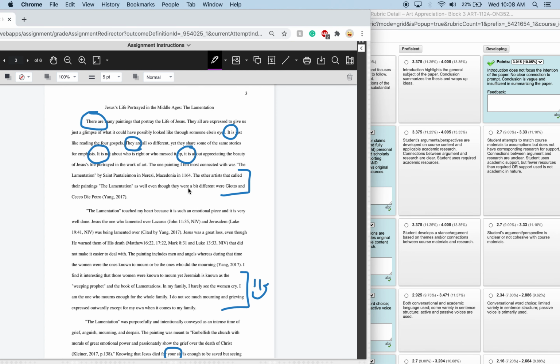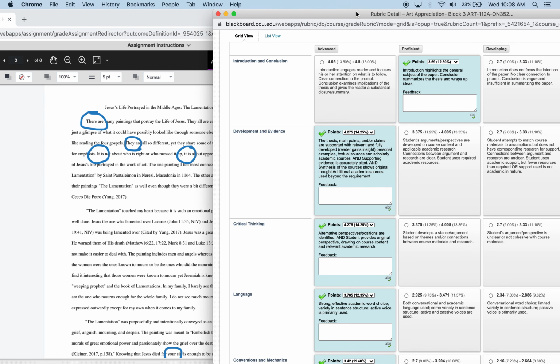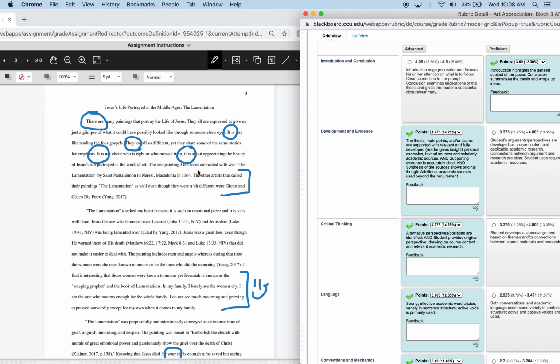Now, on Kathleen's, I can find it. I just have to piece it together myself. So I might have told you, please don't make the professor do all the work. So the one painting I felt most connected with was the Lamentation by Saint So-and-so from Macedonia in 1164.